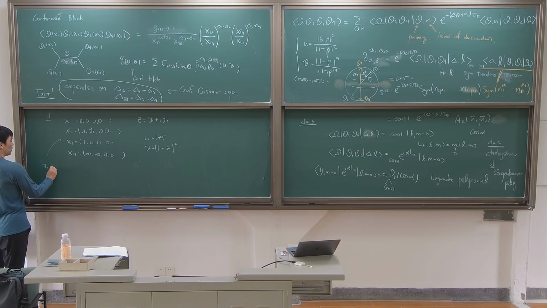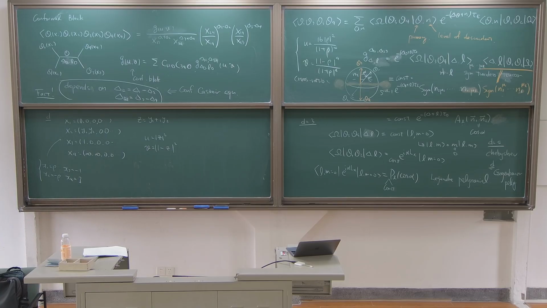Previously, x1 is equal to rho, x2 is equal to minus rho, and x3 to be minus 1, x4 to be 1. Previously, we put it like this way on the cylindrical coordinates, and then this can be mapped to this.